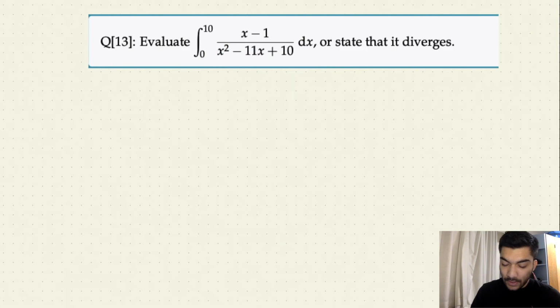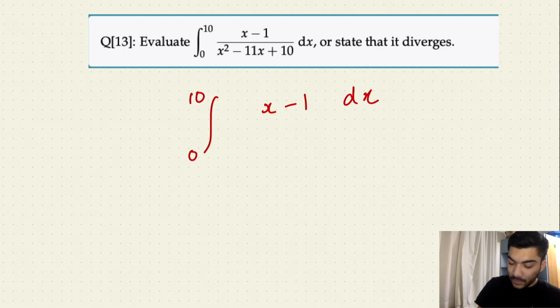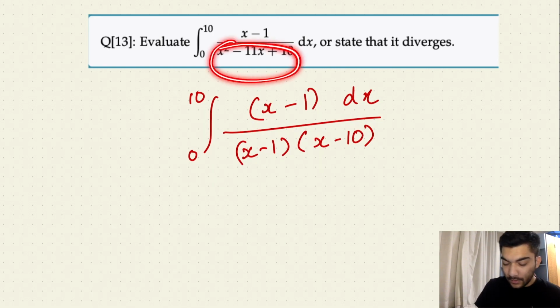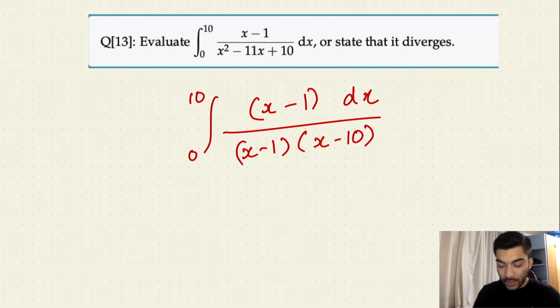You can clearly notice that in the denominator, since we have a quadratic expression, we can factor this out, right? x square minus 11x plus 10 can be easily factored, so this integral will be 0 to 10 of x minus 1 dx, and the denominator will then be equal to x minus 1 times x minus 10. Now in this integral, you can clearly notice that this function is not defined at x equals 1 and also at x equals 10.